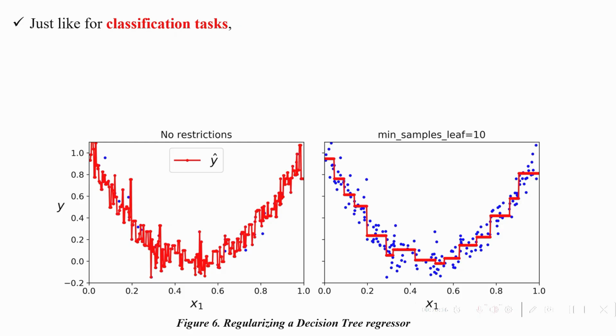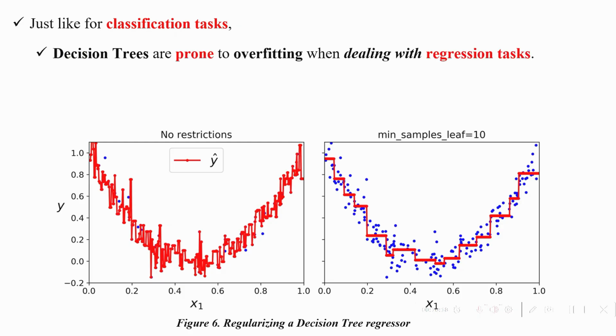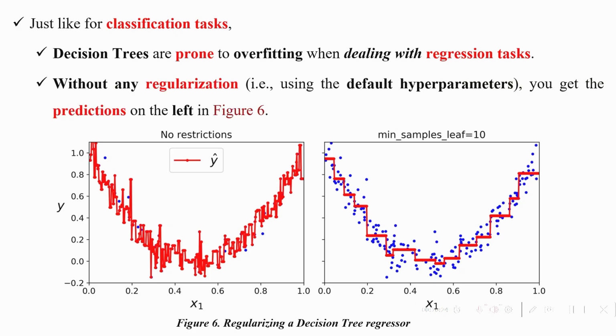Now, just like for the classification task, decision trees are prone to overfitting when dealing with a regression task without any regularization, that is, with the default hyperparameters. Suppose we don't have any restrictions on the hyperparameters in our decision tree regression model.